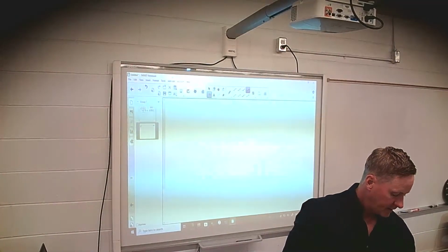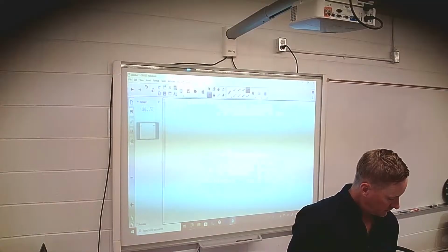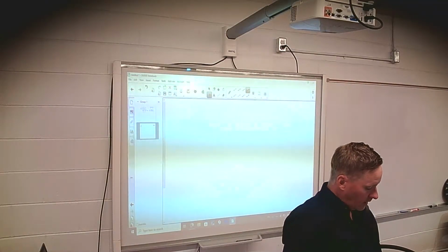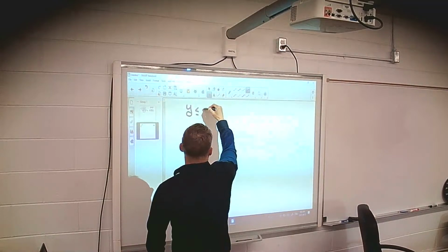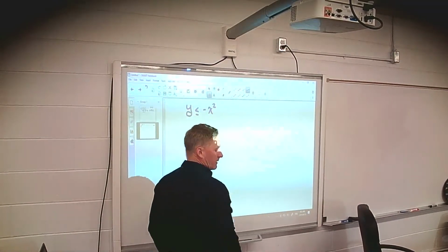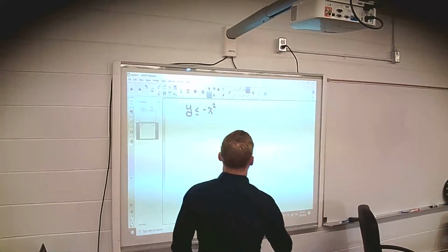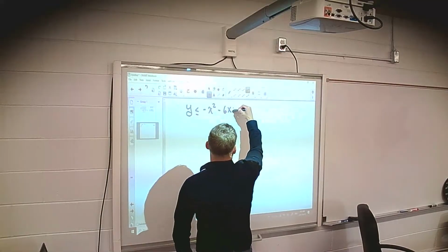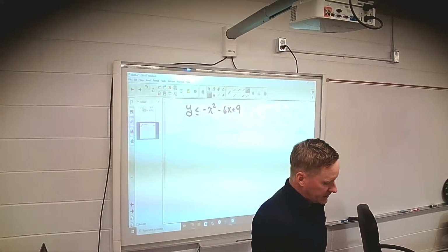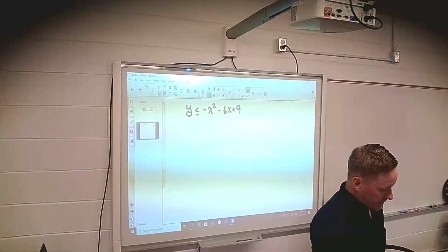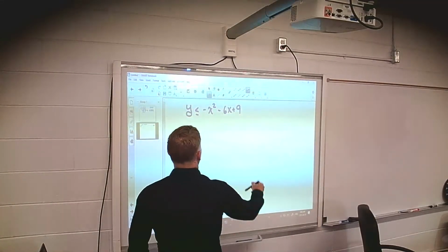Let's look at another example. y is less than or equal to -x squared minus 6x add 9. Okay, following the steps, write the equation in standard form, so we change it to equals.